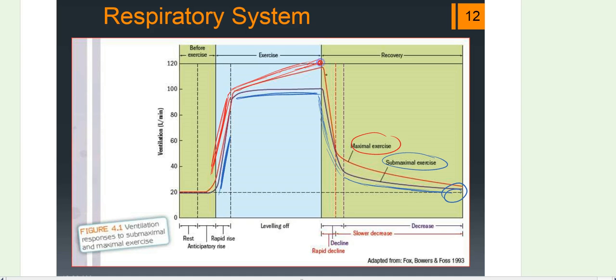Once we hit recovery, we get a sharper decrease and then a more moderate period of time before we get to recovery. So the main difference is that after our initial rapid rise during maximal exercise, our ventilation will continue to increase.